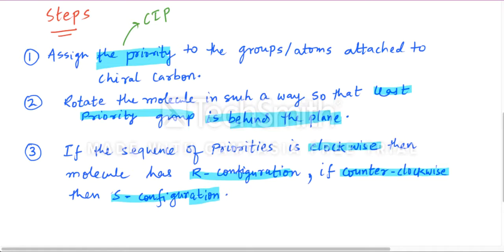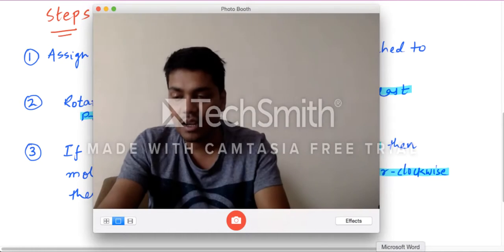You need to remember this: clockwise means R configuration, and anticlockwise or counterclockwise sequence means S configuration. We can understand this with the help of a model, to see what exactly we are going to do.